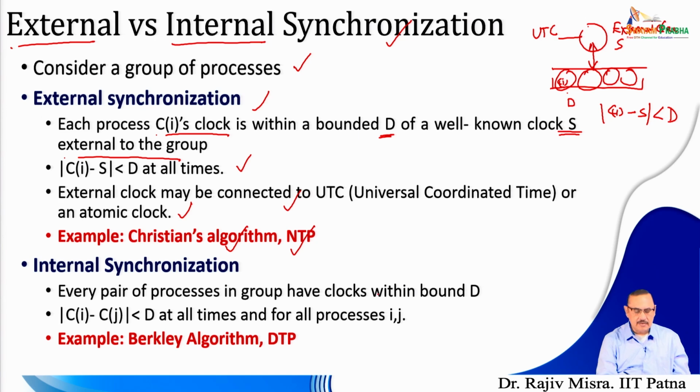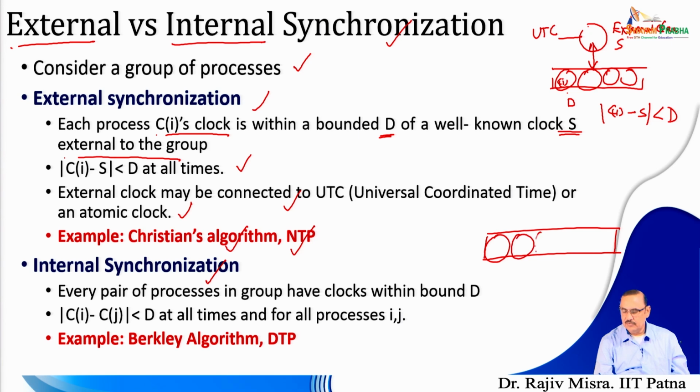Now, we have another type of synchronization called internal synchronization. In internal synchronization, the external clock is missing. Every pair of processes in a group has clocks within the bound D. So we only consider the clocks within the particular group.